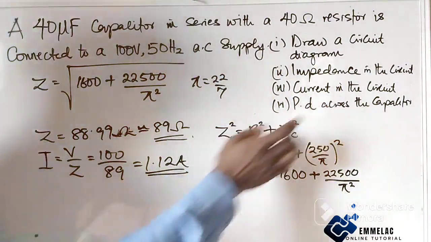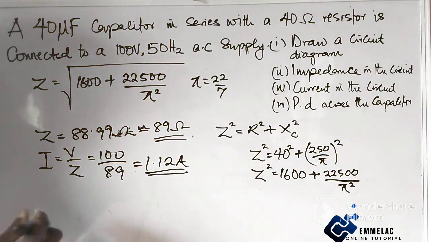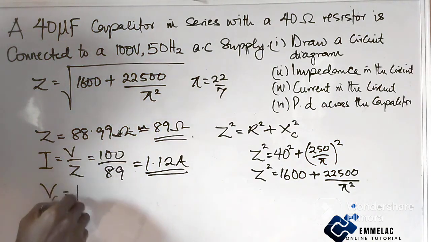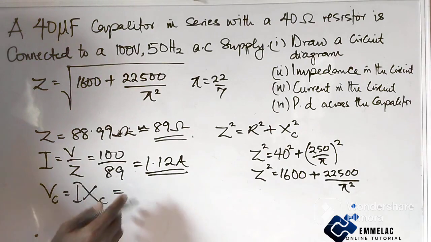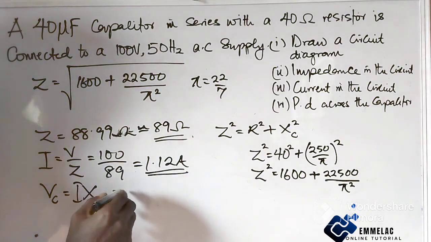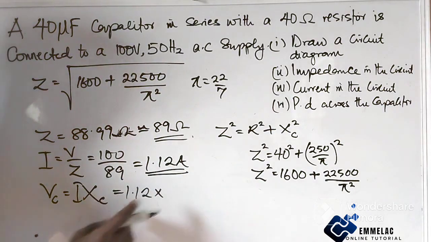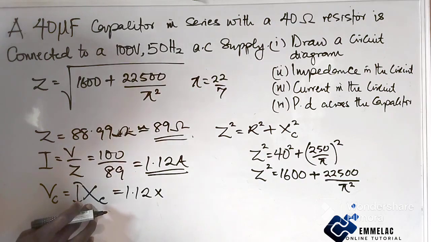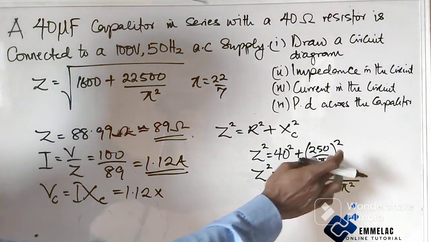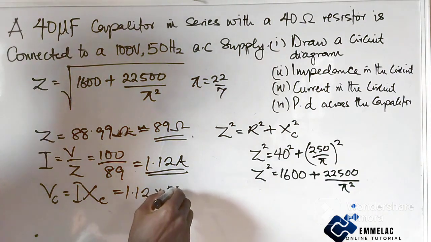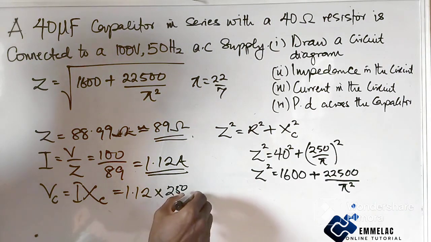Okay, all right, for us to now calculate the PD across the capacitor, we have I, our current, which is 1.12, times our reactance, which is 250 over pi.